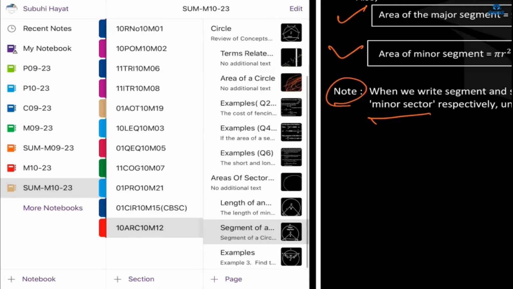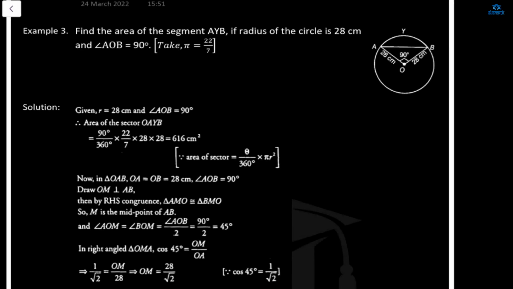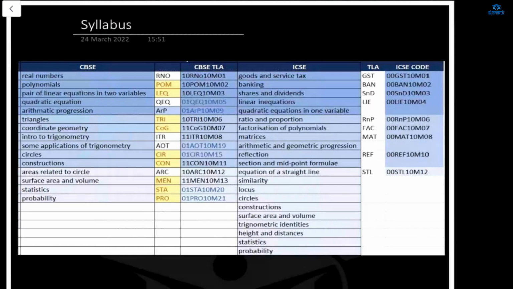Now I think this is the last question. After this, we are going to complete the chapter. After that, you can go with the next chapter. The next chapter will be, I think, surface area and volume. Mom, can we do AP next? Arithmetic progression. You want to go with arithmetic progression?